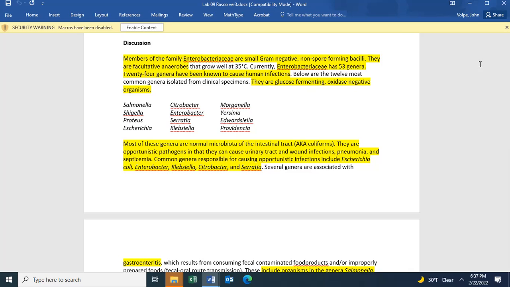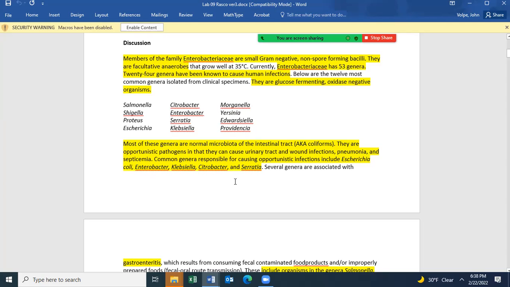They all ferment the sugar glucose, and they're all oxidase negative organisms. There are 53 genera of the family Enterobacteriaceae, but 24 of the genera are known to cause human infections. And here are the common ones that you'll see causing a bacterial infection.